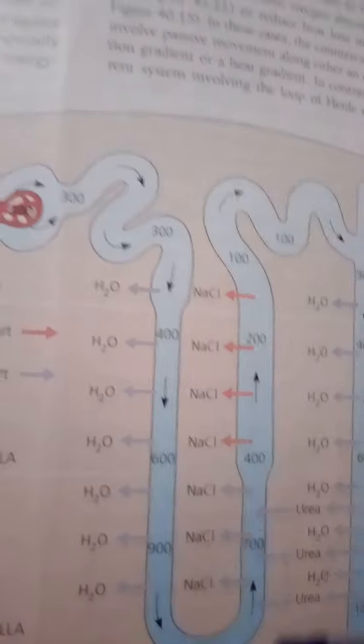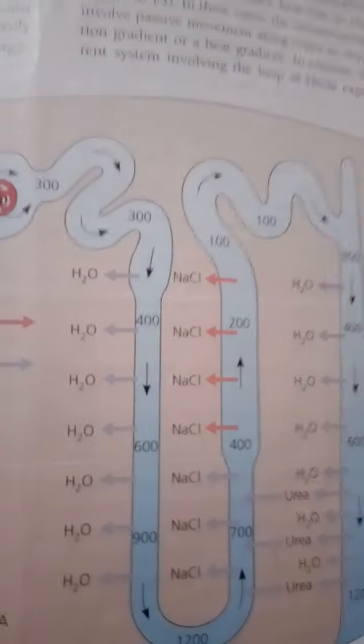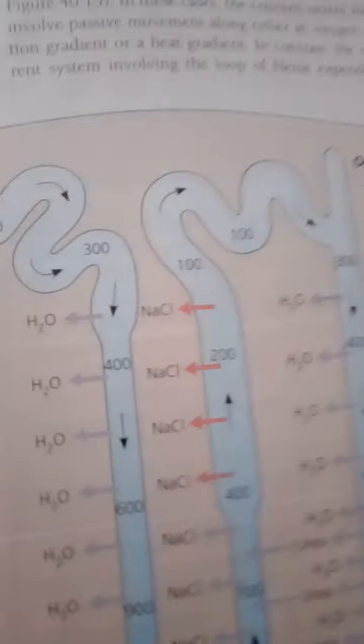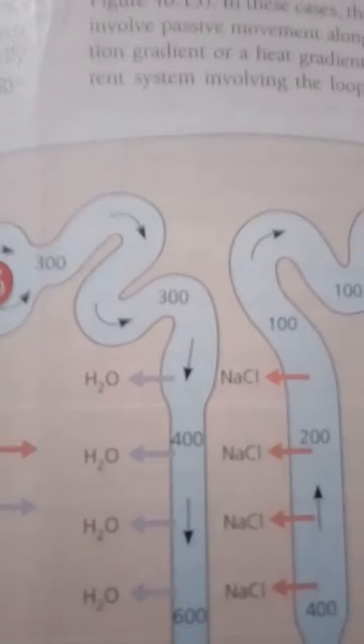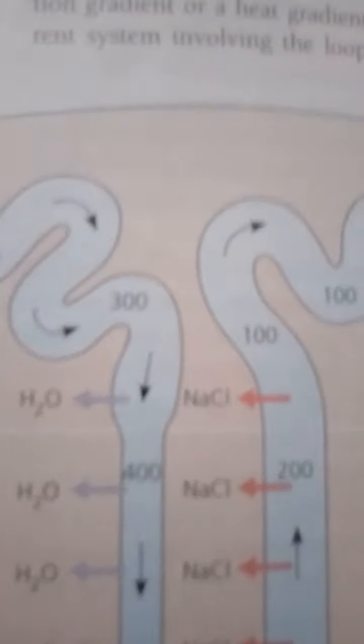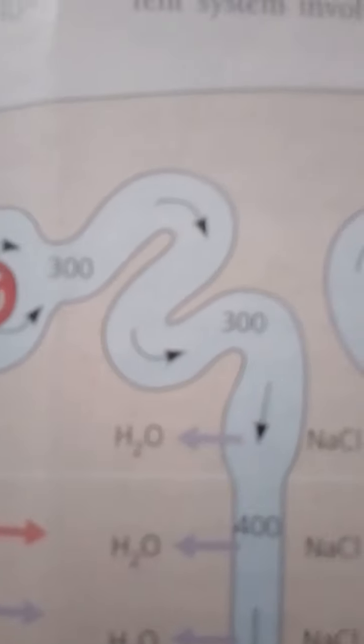The highest osmolarity, about 1,200 milliosmoles per liter, occurs at the elbow of the loop of Henle. This maximizes the diffusion of salts out of the tubule as the filtrate rounds the curve and enters the ascending limb, which, remember, is permeable to salt but not to water.